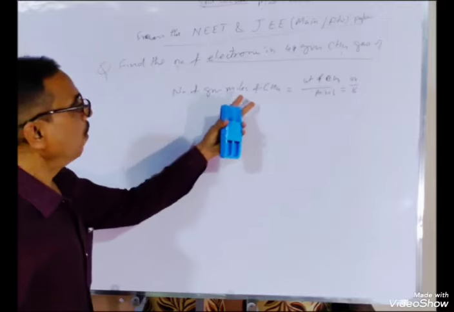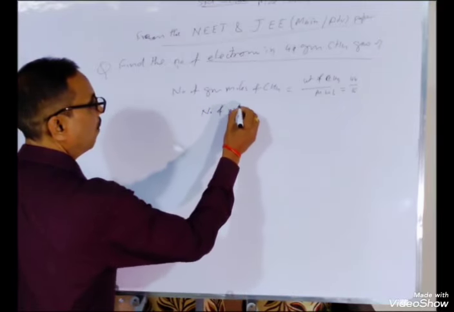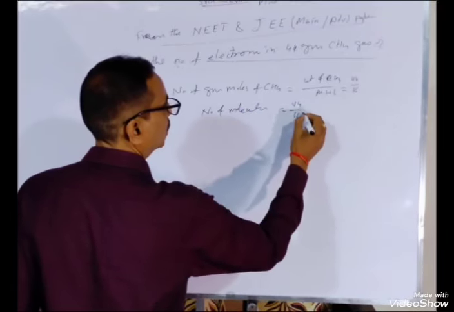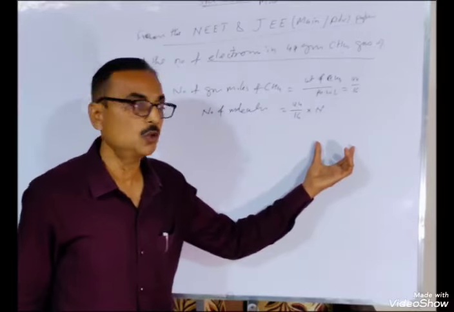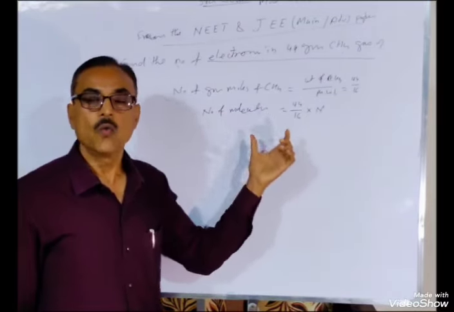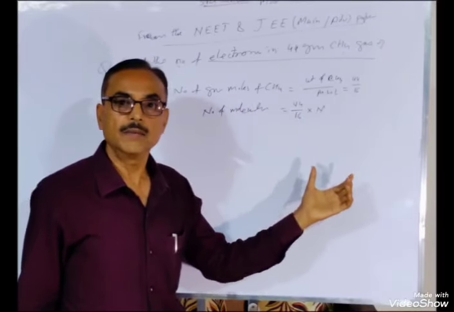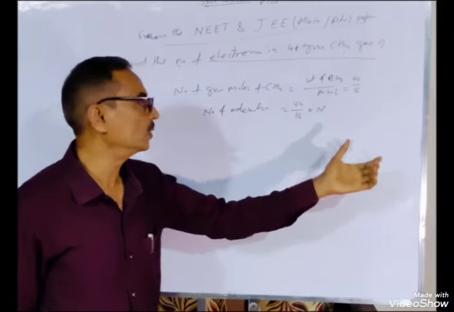After moles, the number of molecules: 44 divided by 16 into N. If we multiply by the Avogadro number, you will get the number of molecules from the moles, because 1 mole of any gas contains 6.023 into 10 to the power 23 molecules.